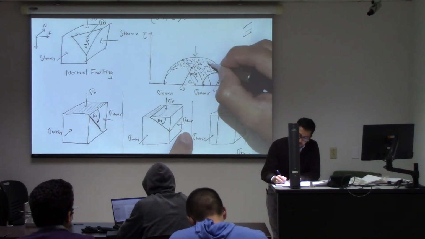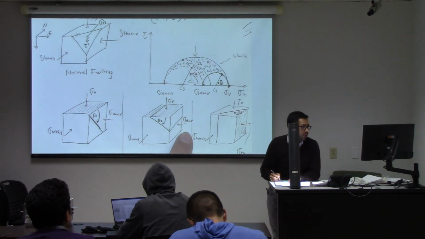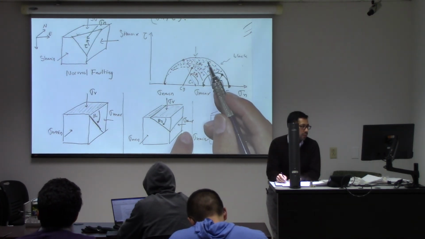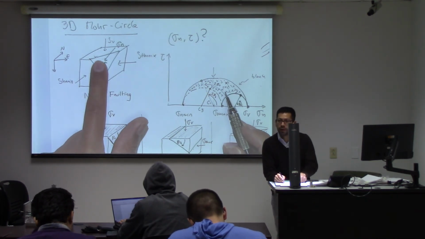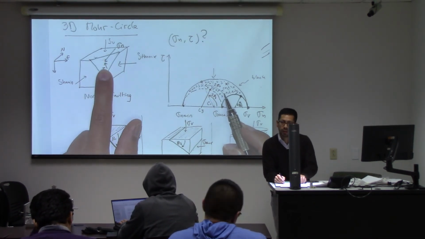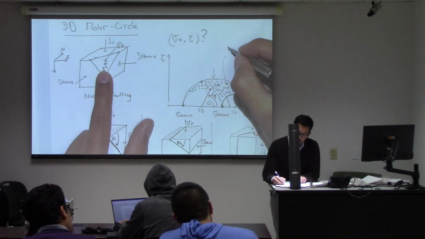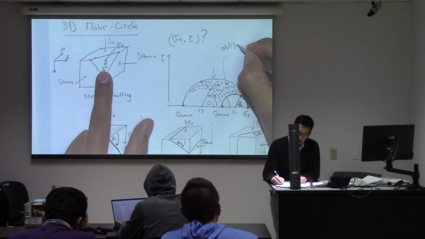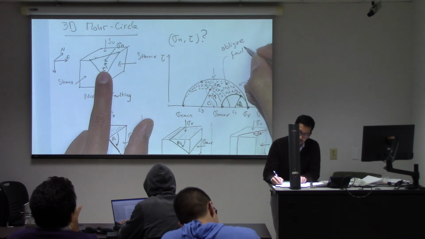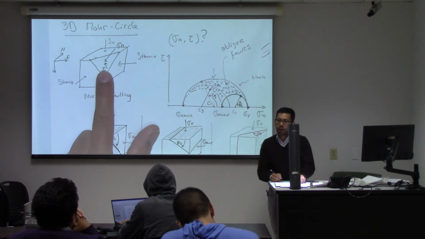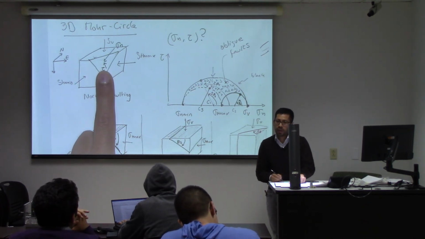These points which do not coincide, planes that do not coincide with any of the principal stresses, are these kind of planes over here. And those are called oblique faults because they do not coincide with any of the principal stresses.